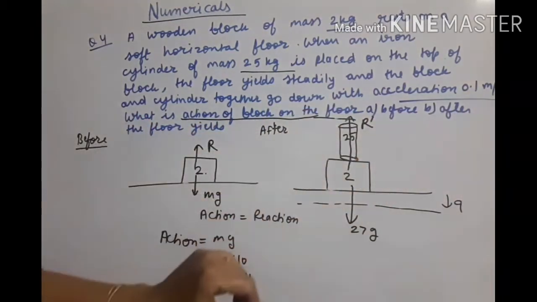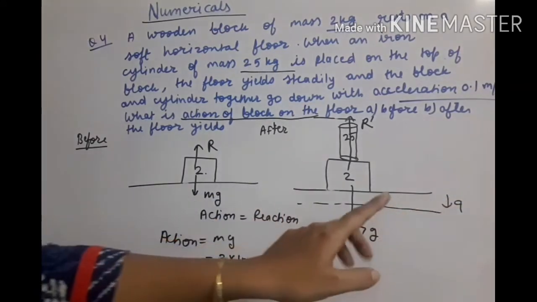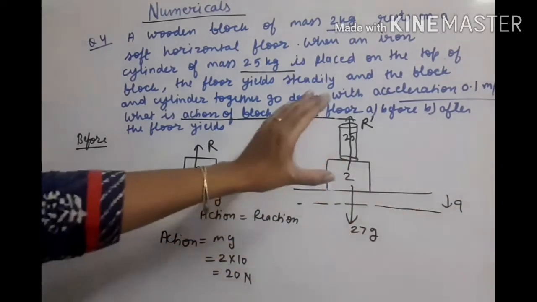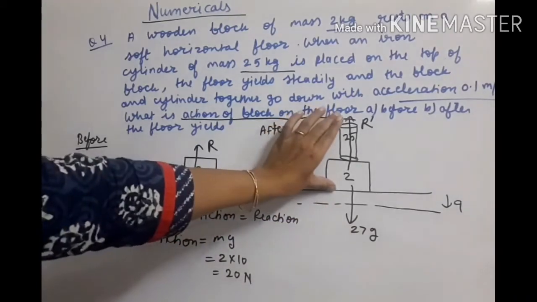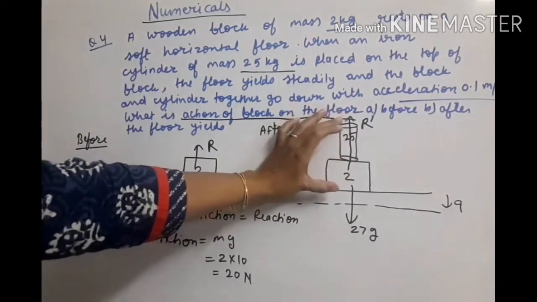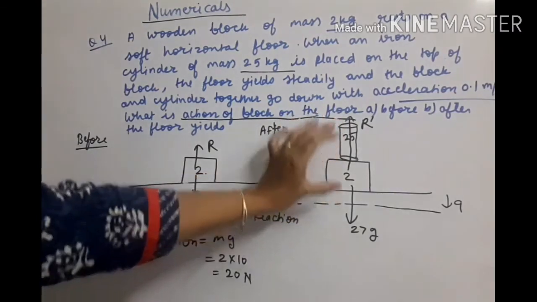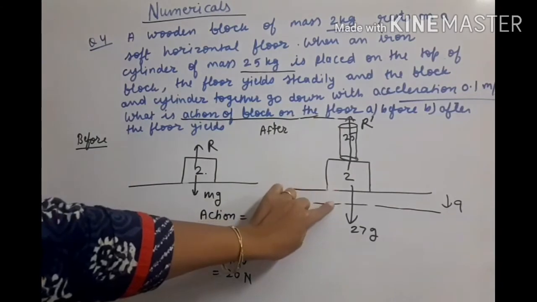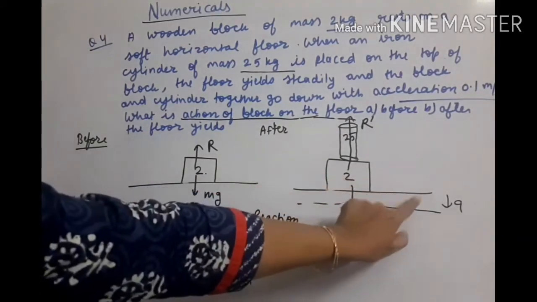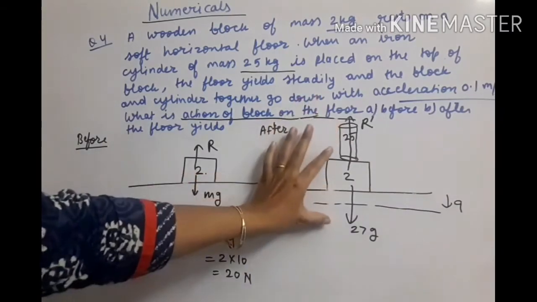What other force is here? You can see acceleration is also present. So acceleration also gives rise to a force. On this total system, that means the block and cylinder system, which is also moving down because the floor has moved down, by the same acceleration as the floor this system will also move down.